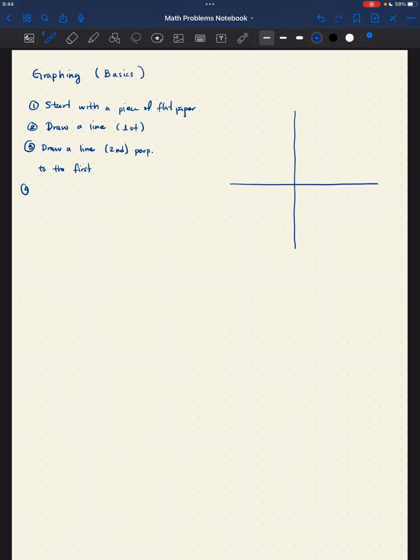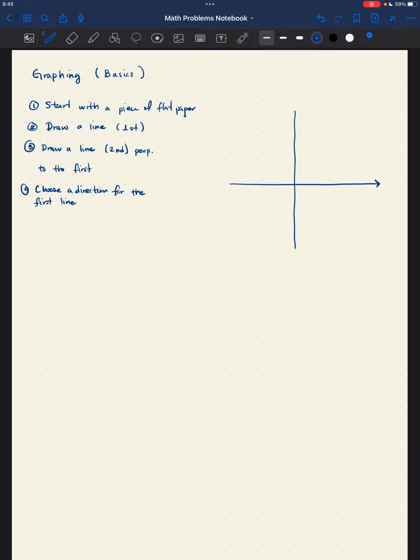Now, as a fourth step, I'm going to choose a direction on the piece of paper and associate it with the first line. And well, any line has two possible directions, so I'm going to indicate that the one with the arrow stands for the positive.